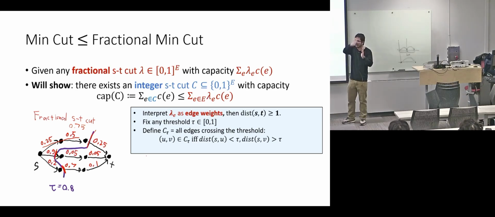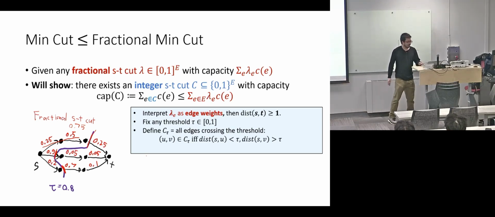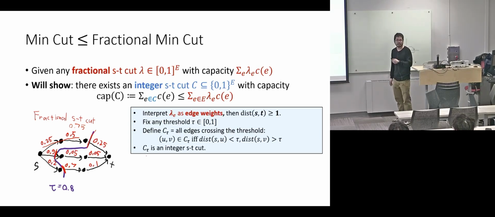C tau is some set of edges that start at something close to S, and once tau grows, it's close to T. And you should agree that C tau must be an S-T cut, an integral one.